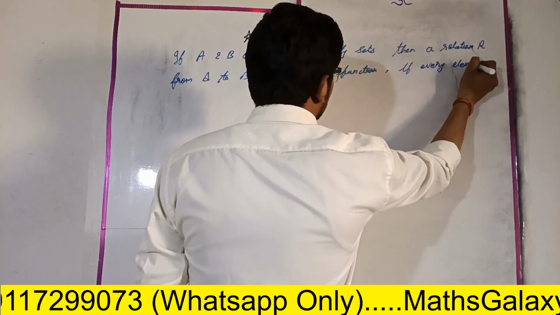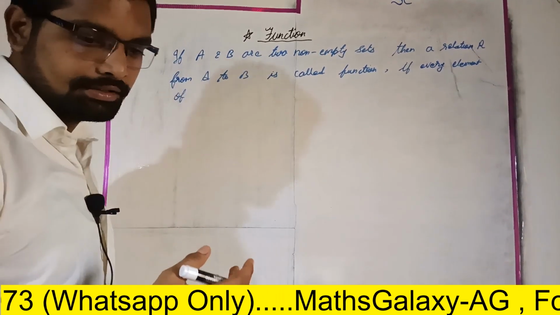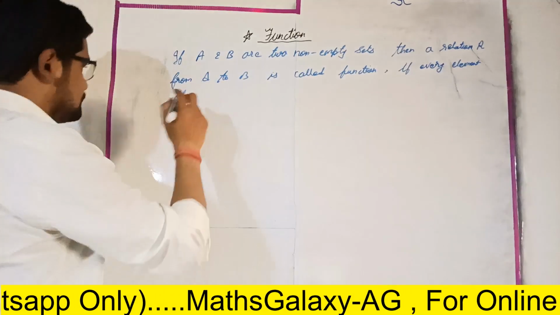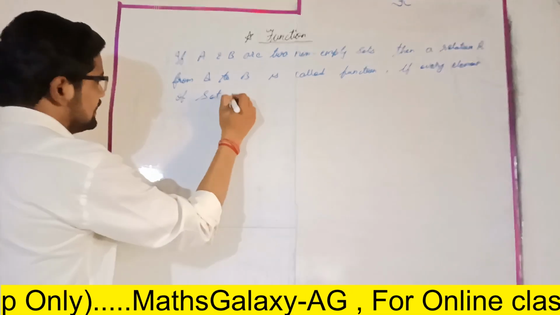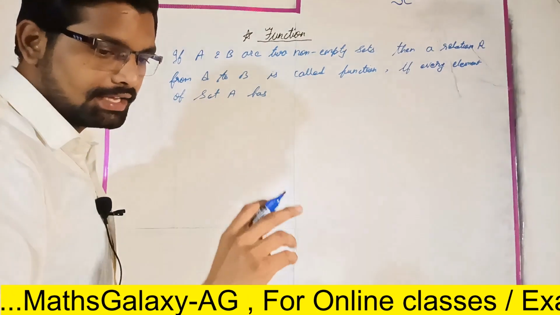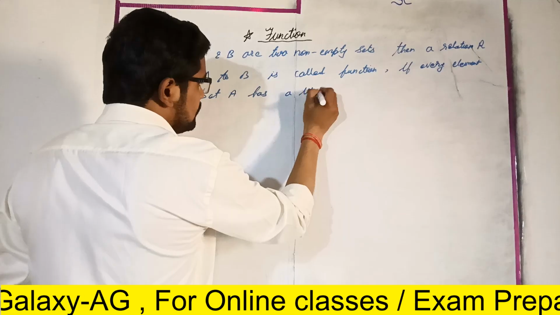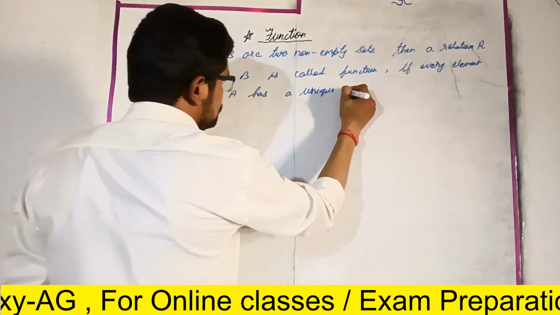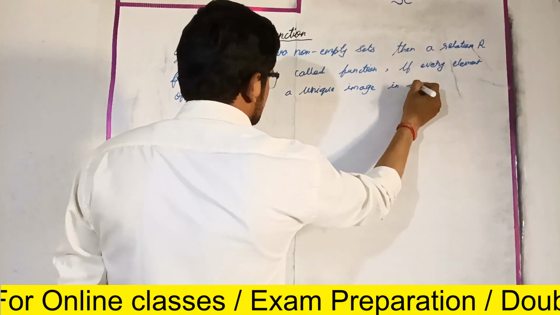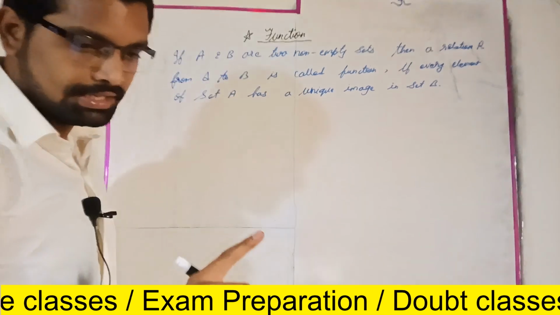every element of which set? Tell me. Of set A. Yes, good. Every element of set A has a unique image in set B. Okay, is it clear?